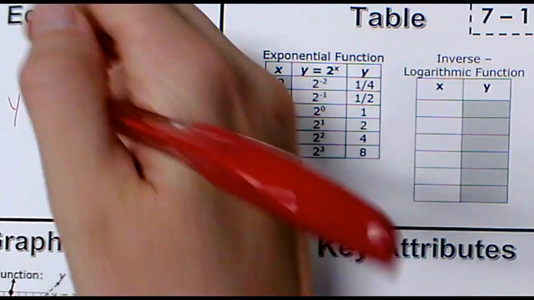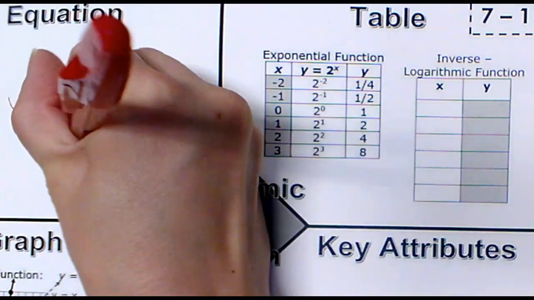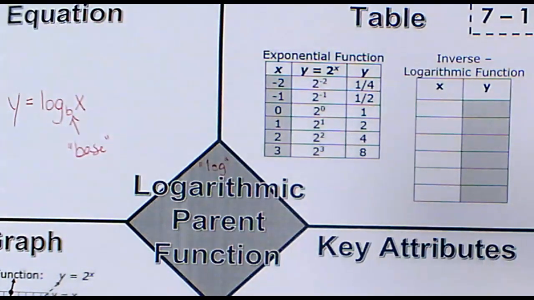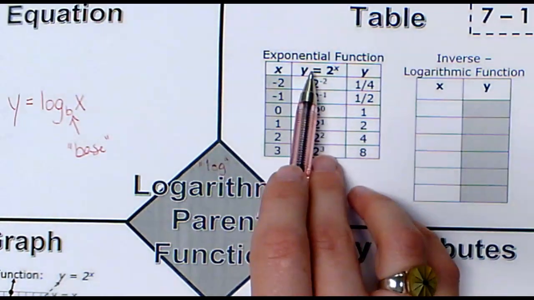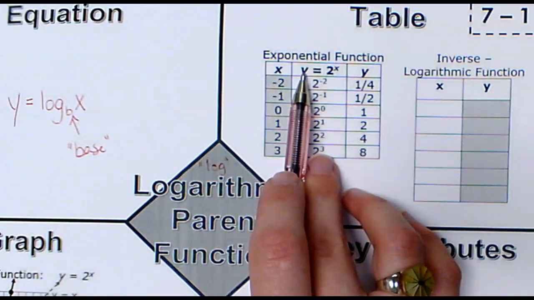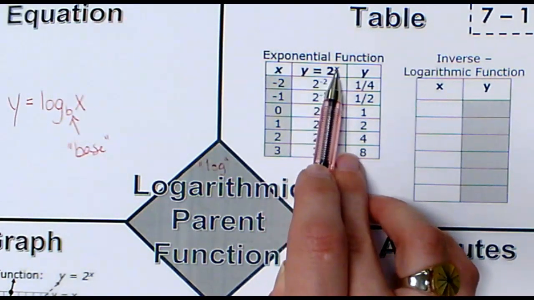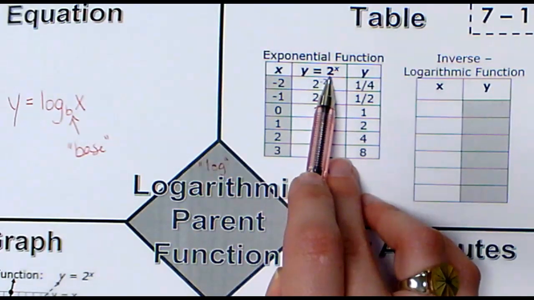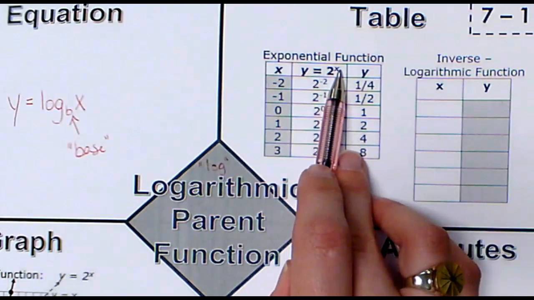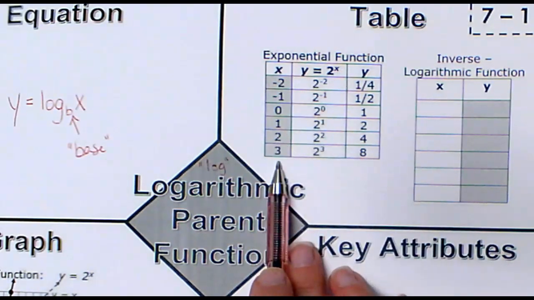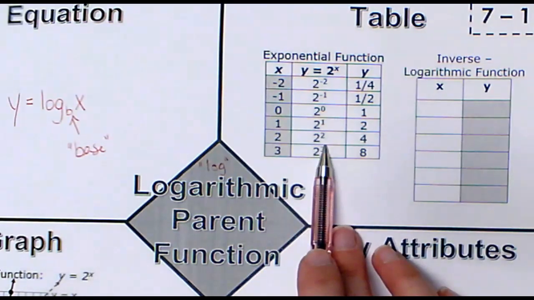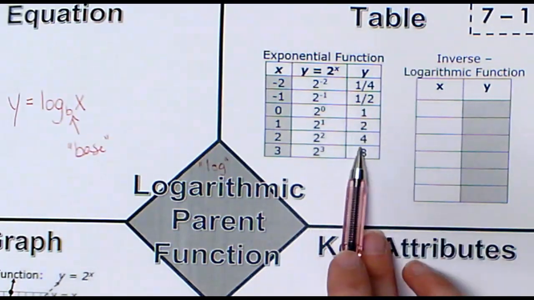This b right here is the base, just like b is the base when you have the exponential function, y equals b to the power of x. So if we have a base of 2 in our exponential parent function and we pick some x values around 0, we raise 2 to those exponents and we get our y values.